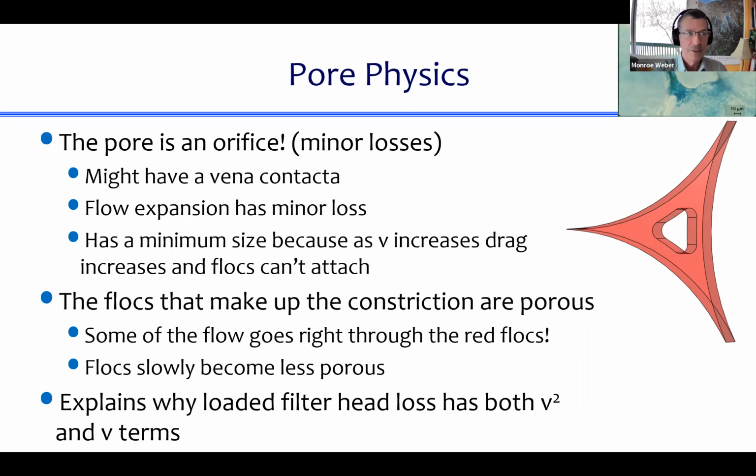If the filter was just porous media, just sand, you would expect that the head loss would increase linearly with flow. And that's what you would find with a clean filter. But with this filter that was loaded with all these constrictions, there was a nonlinear term. There was a v² term, which means that these flow constrictions each have a little flow expansion where there's a v² kinetic energy term that's being lost ultimately to viscosity in the next pore.